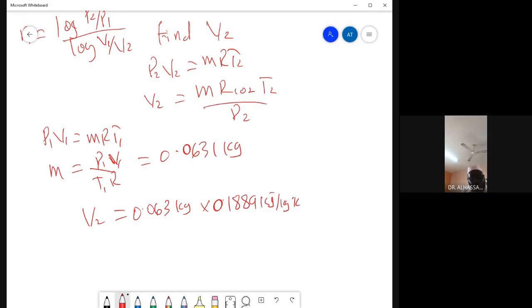And then multiply by the temperature T2. T2 is how much?